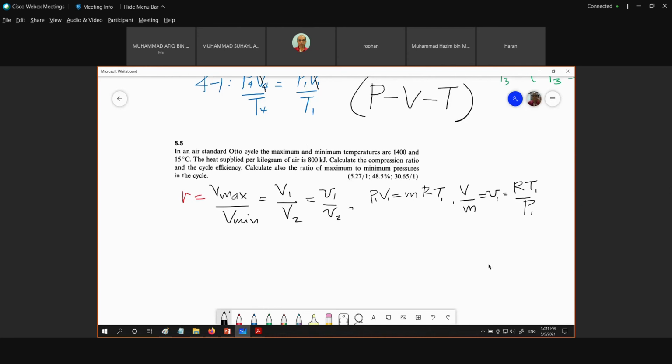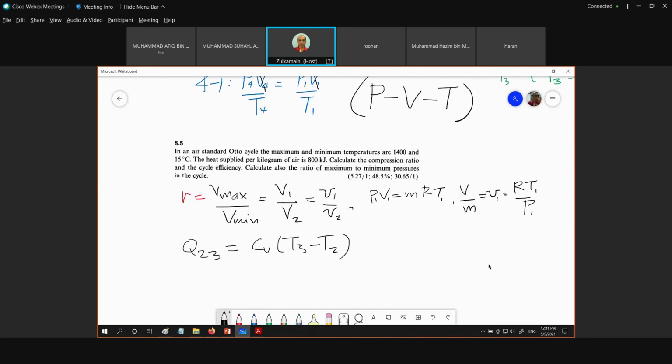So we have to convert everything in terms of pressure, right? We have the temperature. So what is the term involved as far as the temperature is concerned? How about Q23? What do you think we could get from Q23? Q23 is equal to Cv times (T3 minus T2), correct?